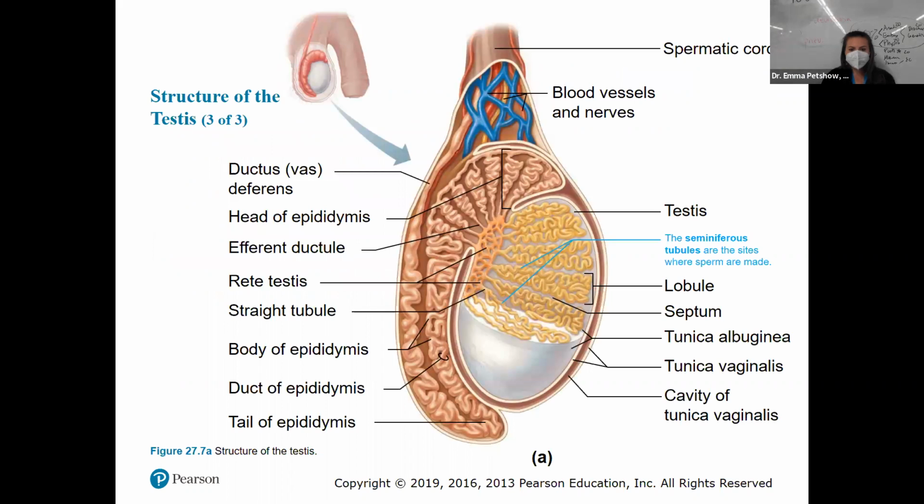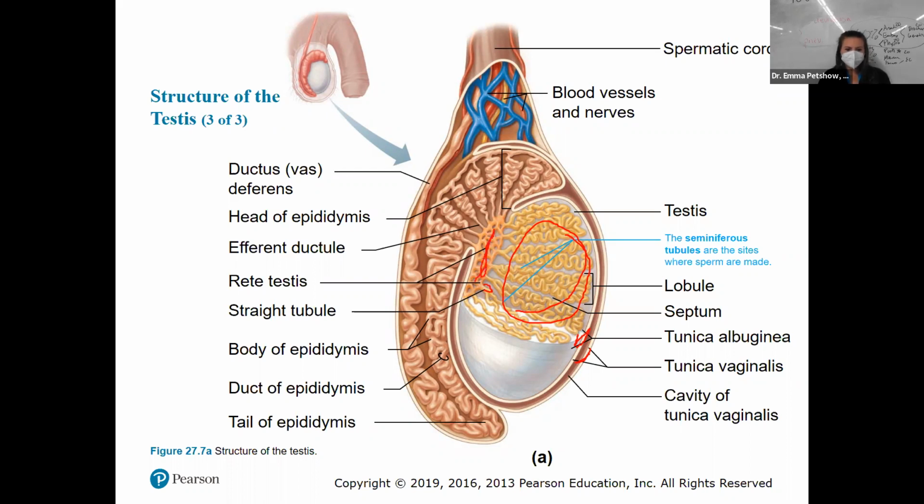So again, visualization, I think, is the easiest sometimes for us. So we have our testes here, we have our spermatic cord here, our blood vessels and nerves. Within the testes, we have our tunica vaginalis, which is our outermost layer, our tunica albuginea, which is our innermost layer. We have our seminiferous tubules, where we have the formation of sperm. Sperm then is going to move through these tiny duct chambers, which is the straight tubule, into the rete testis, which is here.